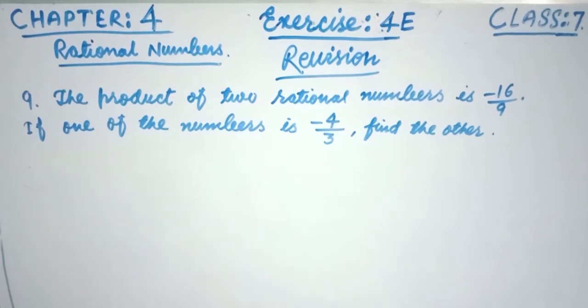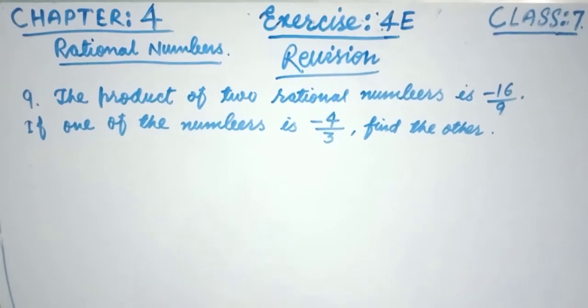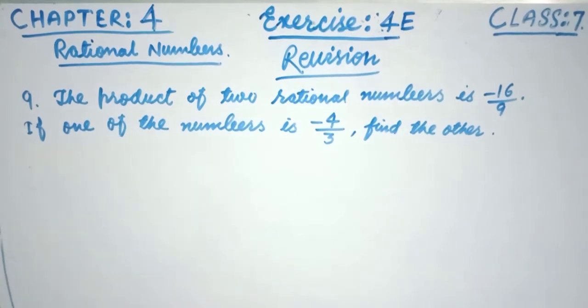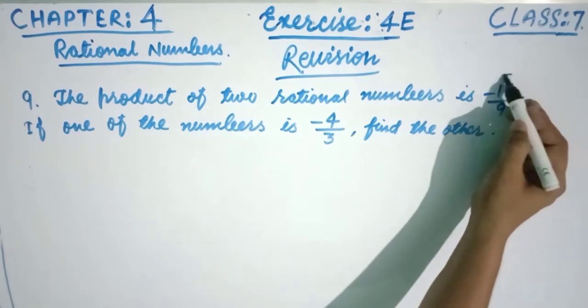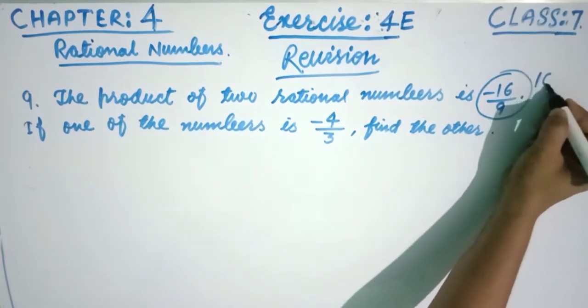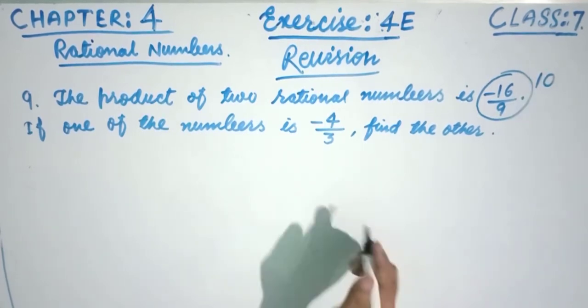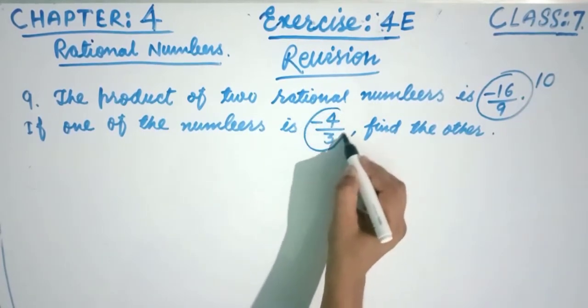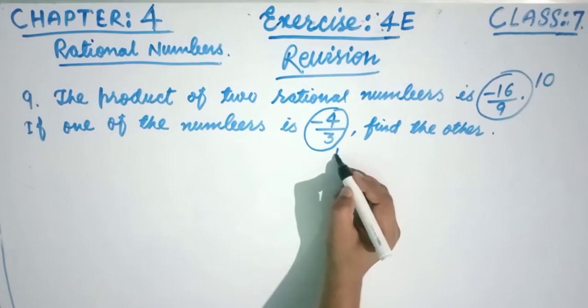Now we will make this question very easy. How? If we change this value as, suppose, 10 and this suppose 5, friends.